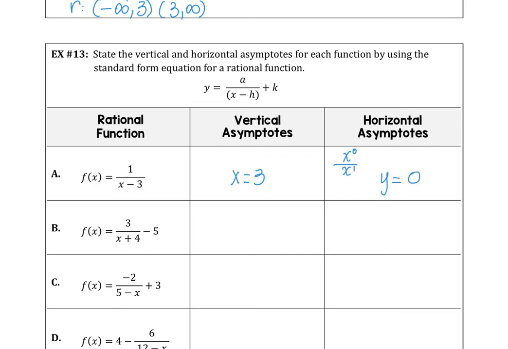In part B, we've got the opposite of 4, so x is -4 for the vertical asymptote, and then y equals -5 is going to be our horizontal asymptote. On part C, 5 minus x means that we're solving 5 minus x equals 0, so x equals 5, and +3 is the horizontal asymptote.